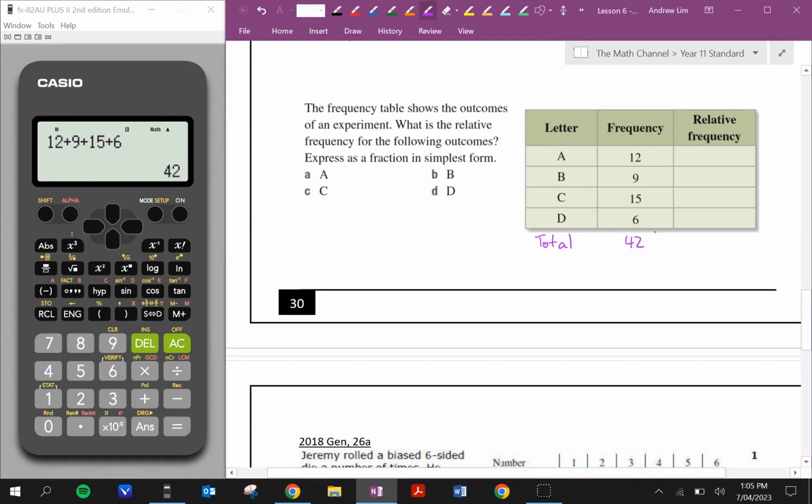So we can see here that the relative frequency of the letter A is 12 out of 42. B is 9 out of 42. C is 15 out of 42. And D is 6 out of 42.